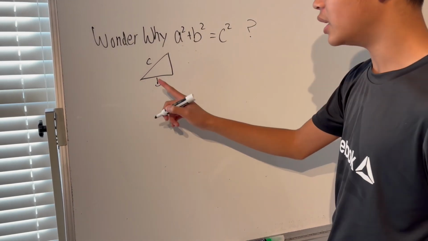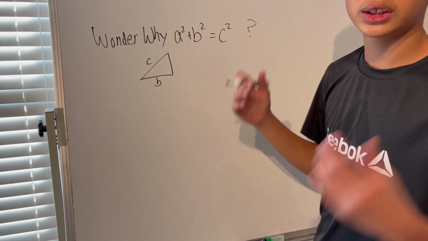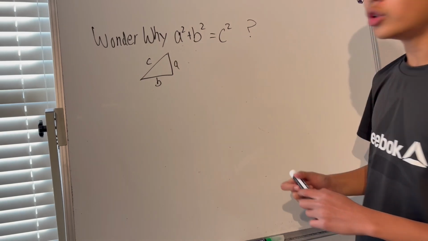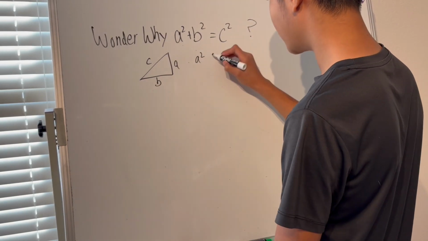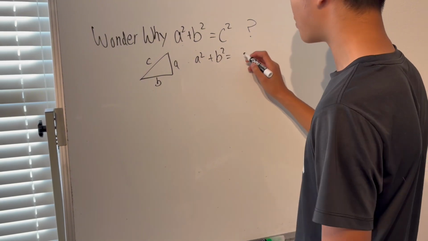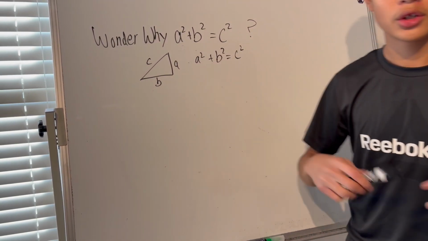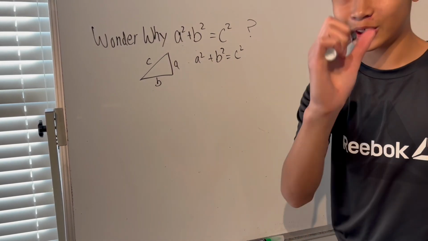A and b can be right here or right here, but c has to be on the longest side, so it has to be right here, which is the hypotenuse. Let's call this a right here. But do you know why this side squared plus this side squared equals the hypotenuse squared, which is c squared? Well, let me explain to you why this theorem is true.